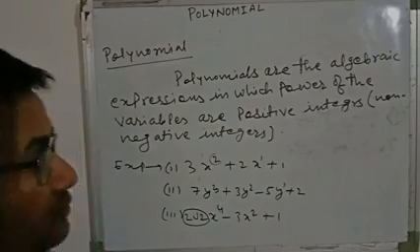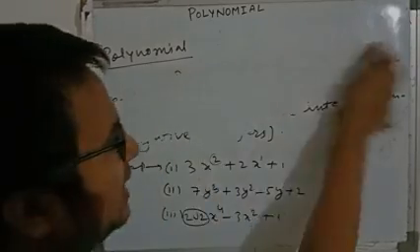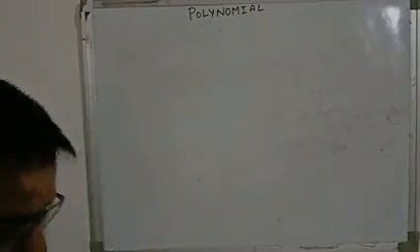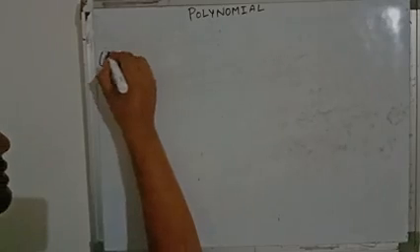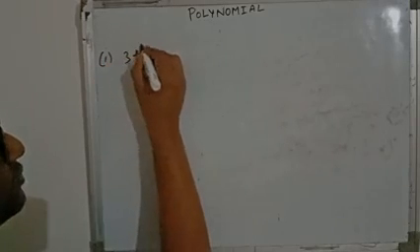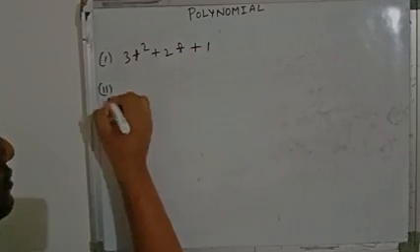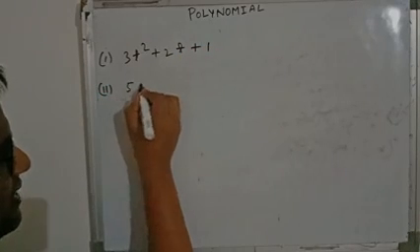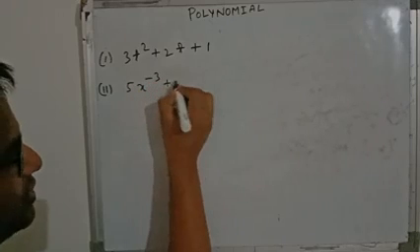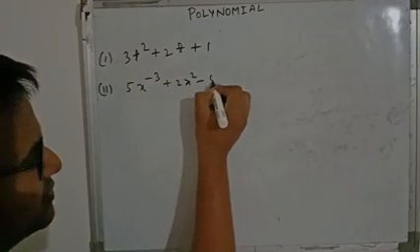So I want to write a few examples. Number 1, 3t square plus 2t plus 1. Number 2, 5x to the power minus 3 plus 2x square minus 4.